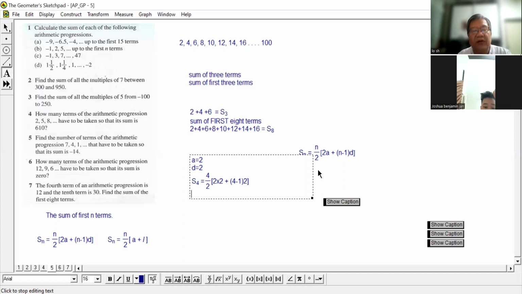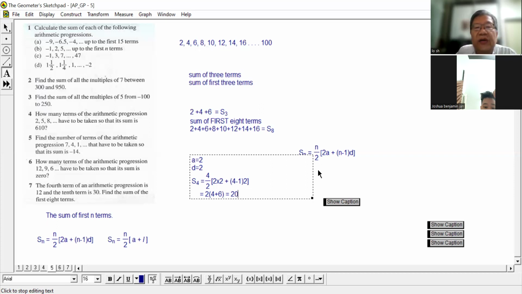I try to work out and see whether this is the sum of the first four terms or not. 4 divided by 2 is 2. 2 times 2 is 4. Then 3 times 2 is 6. So this will be 10, 20. So the answer is 20.